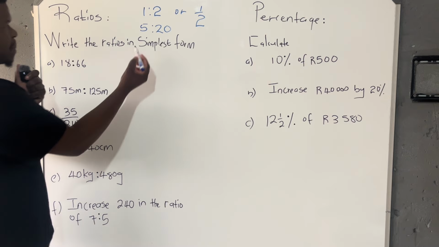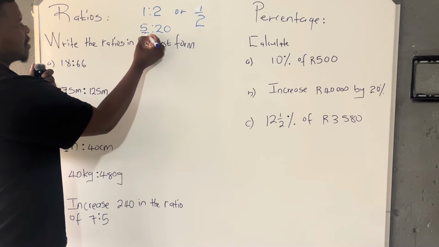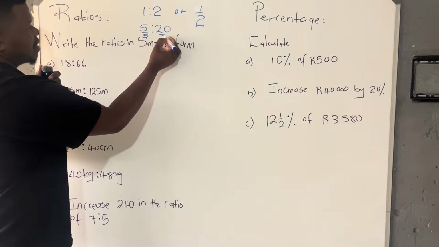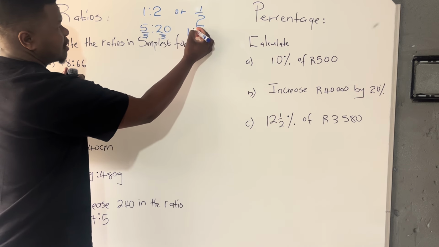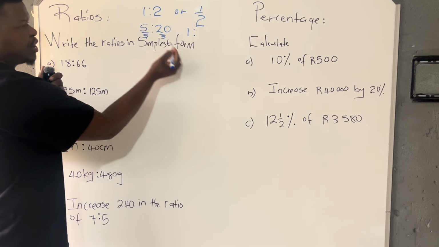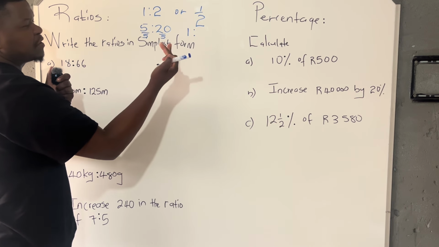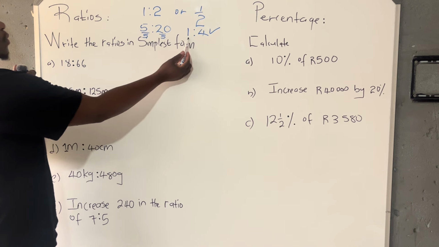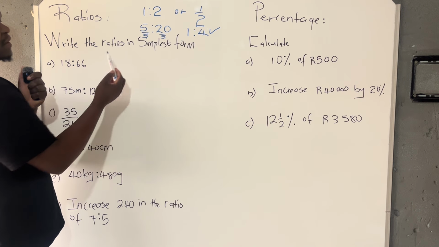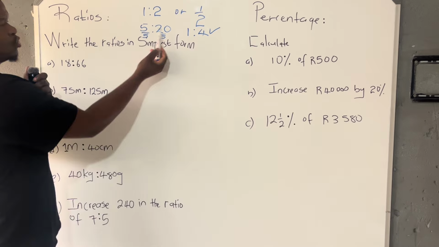By the look of things, I can use 5. So I can say 5 into 5, 5 into 20. What is the result of 5 into 5? That's 1. 5 into 20, 5, 10, 15, 20. That's 4. So now you can tell that 1:4 is the simplest form of 5:20.